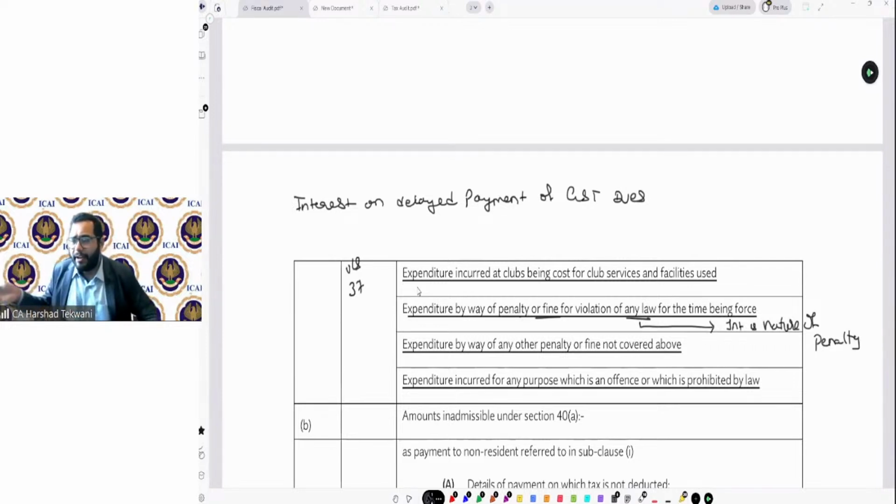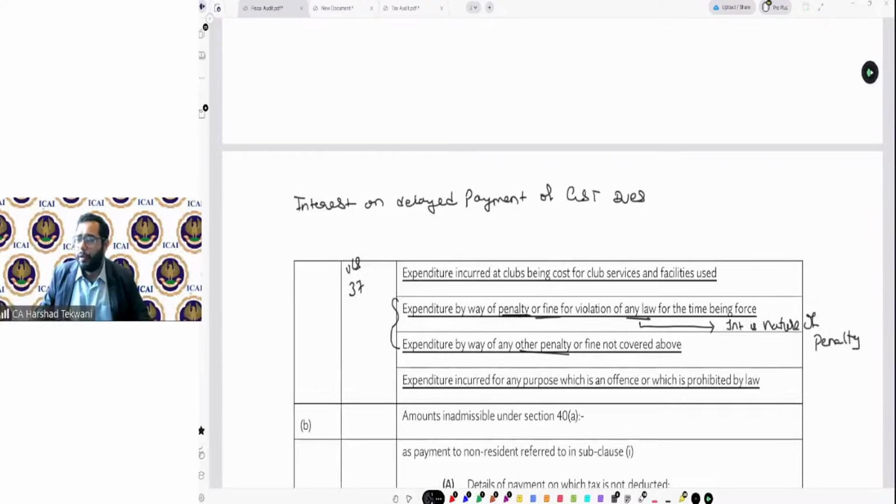See, penalties are different, interest is different. Penalty or fine, these are inadmissible expenditure under section 37. Any expenditure incurred by an assessee for any purpose which is an offense or which is prohibited by law shall not be deemed to have been incurred for the purpose of business, and no deduction or allowance shall be made in respect of such expenditure. That is the explanation under section 37(1).